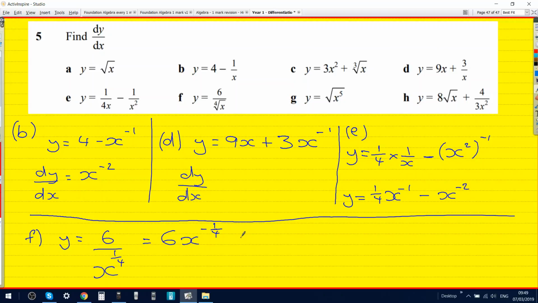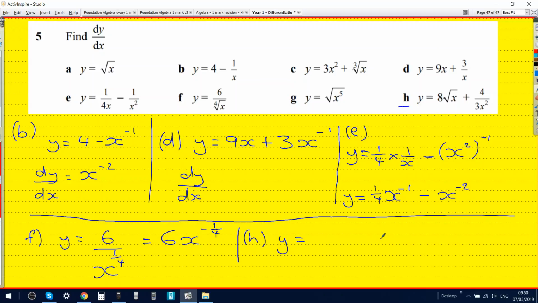And let's try h. Is it 3x squared to the minus 1?